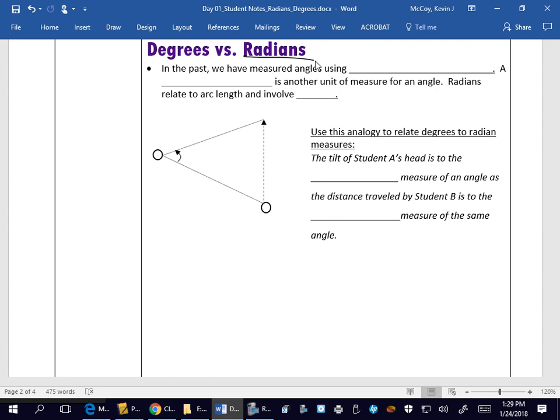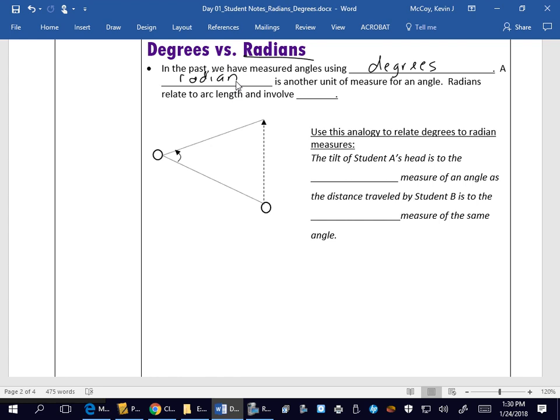So what we've talked about so far is everything that has been measured in degrees. It's highly unlikely up to this point that you've seen anything other than that. A radian is another unit of measure of an angle. It actually has a slightly different meaning, but it's another way to measure an angle.